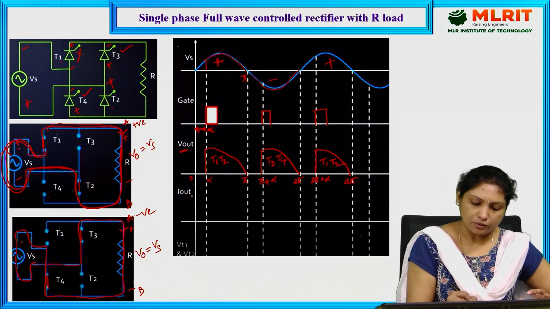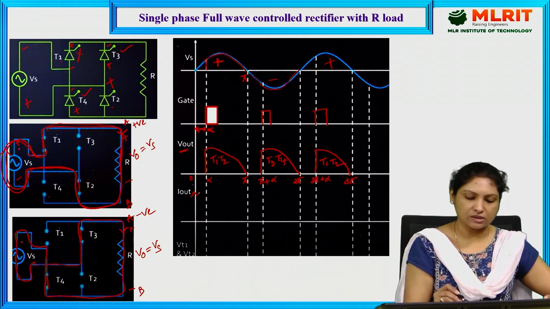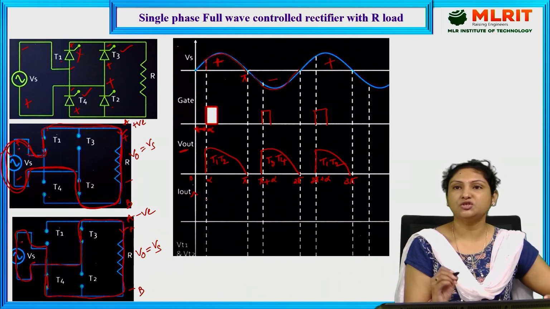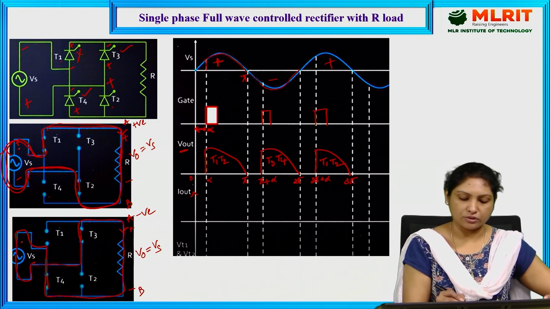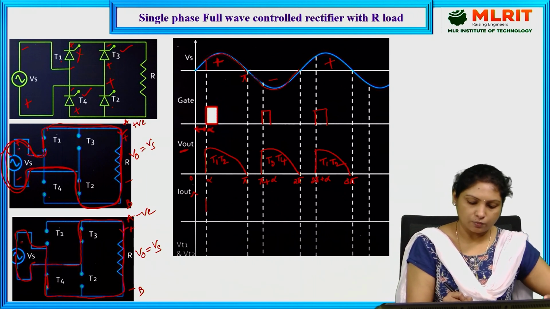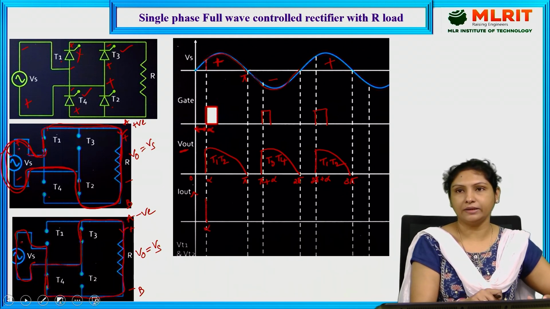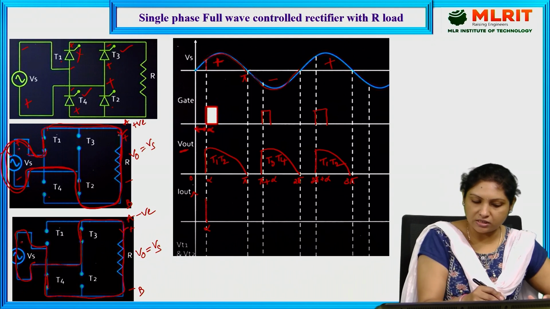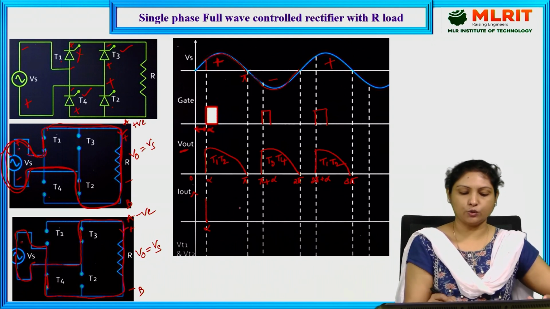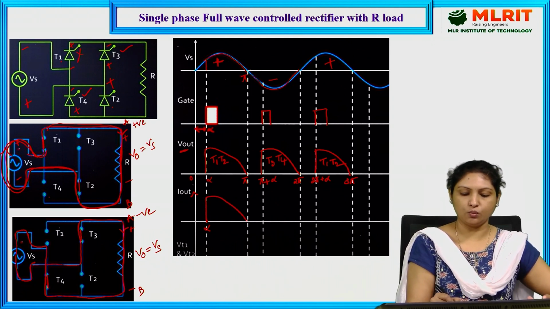Coming to the output current. Output current will be just similar to the output voltage. That is, output current is flowing through the load during the positive half cycle due to T1 and T2, because of which current flows through the load from A to B, that is from alpha to pi.